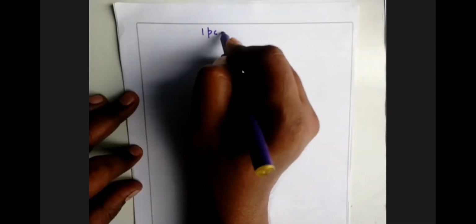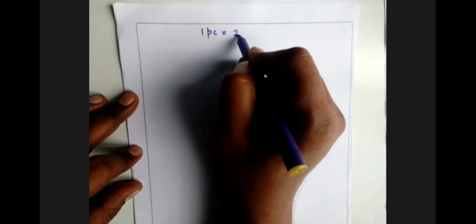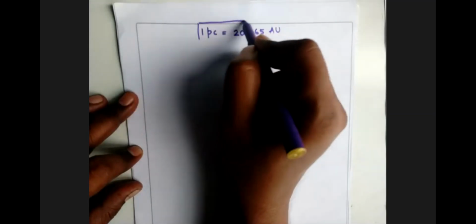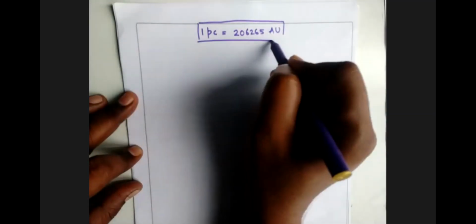The second part of the problem is to express the distance in astronomical units. Let us write the relation between parsec and astronomical unit. 1 parsec is equal to 206,265 astronomical units. This is the relation.